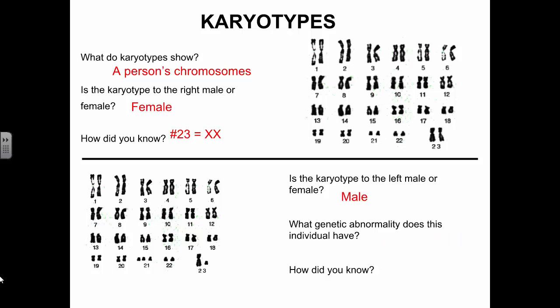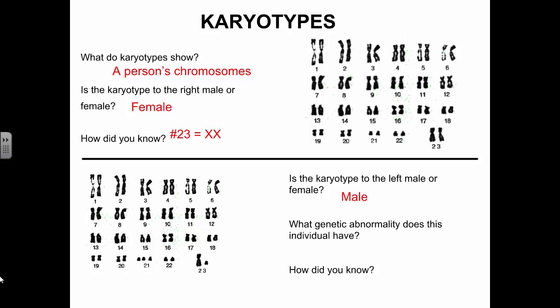If you look at the 23rd, you have a Y, a really short one, and the X. So the 23rd pair in our karyotype tells us the sex. If they're both the same length, it's a female. If one's bigger than the other, it's a male.